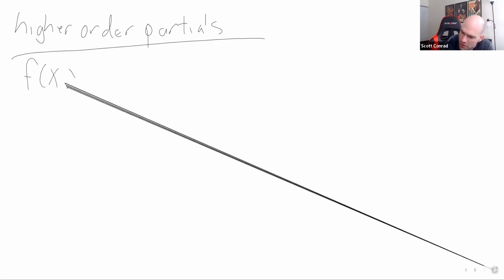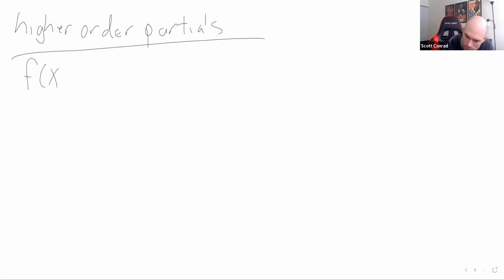So for instance, for functions of two variables, we could take the derivative with respect to x. Let me write it like this.